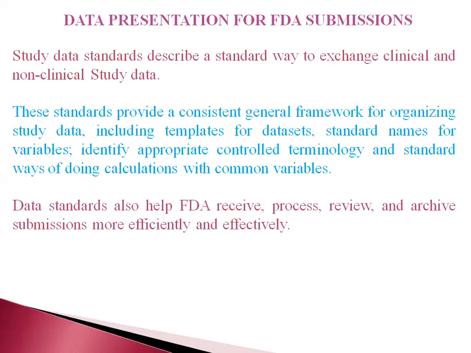These standards provide a consistent general framework for organizing study data, including templates for datasets, standard names for variables, identifying appropriate controlled terminology, and standard ways of doing calculations with common variables. So these 4-5 things need to be considered while presenting data to the FDA for submission for approval. Data standards also help FDA receive, process, review, and archive submissions more efficiently and effectively.